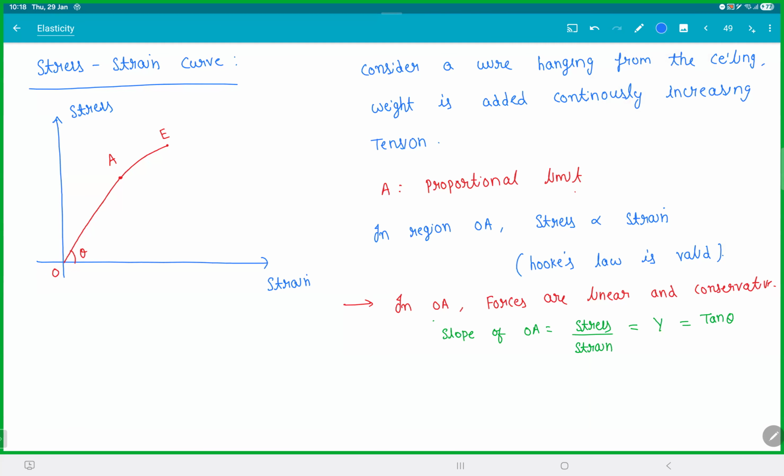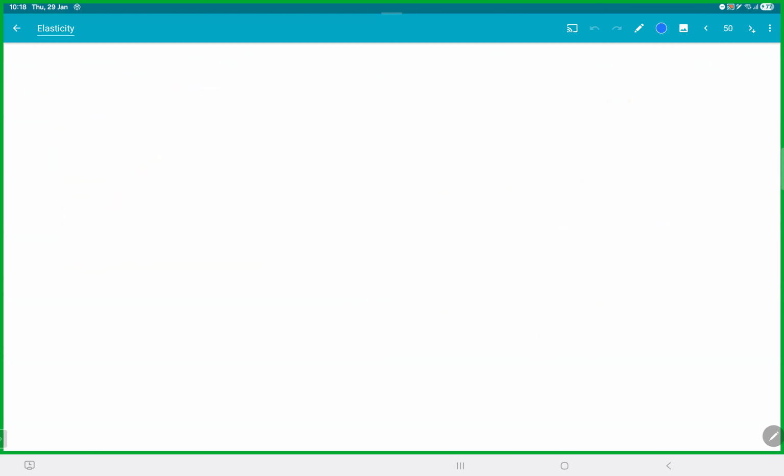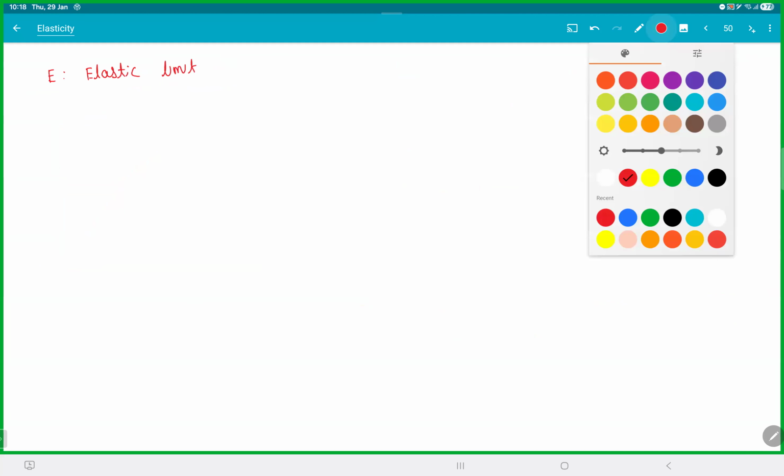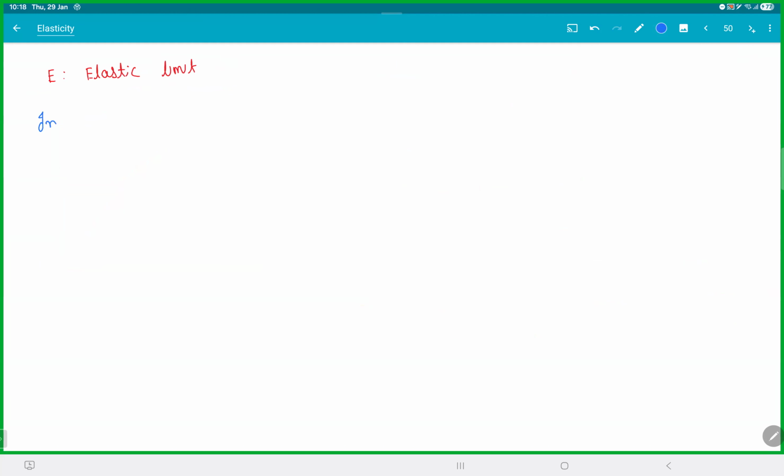Now once you exceed point A, the forces become not linear anymore. E is called the elastic limit. Stress is not proportional to strain.